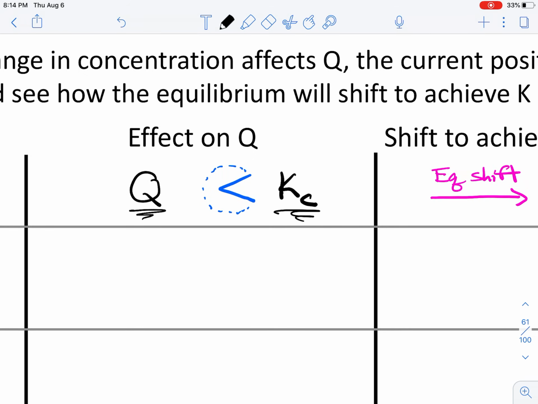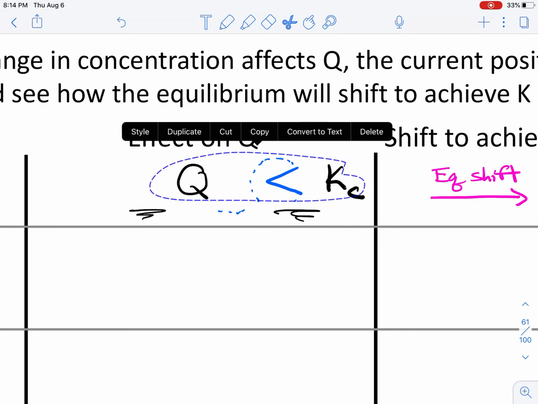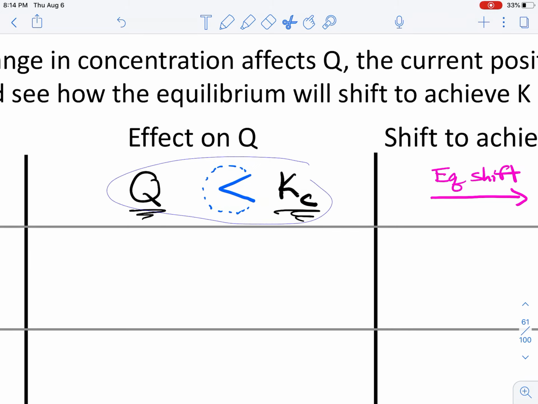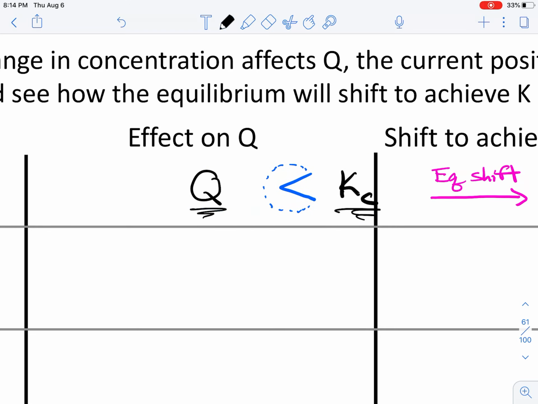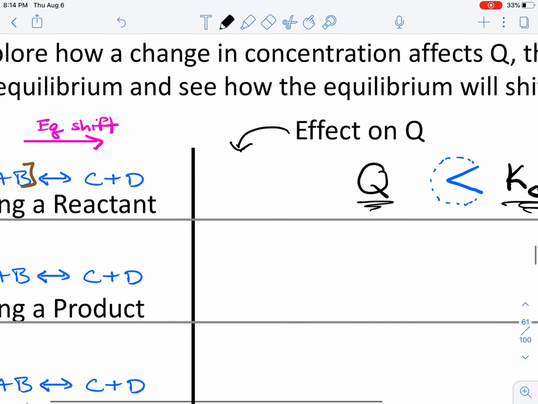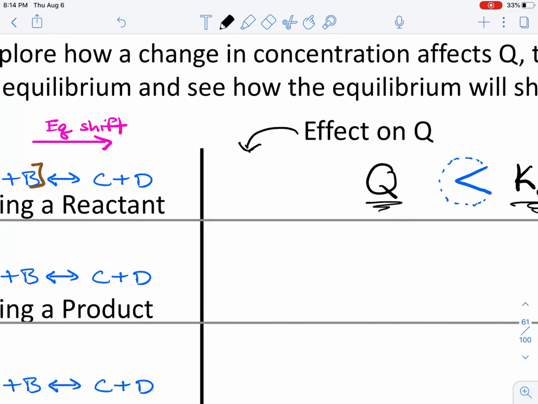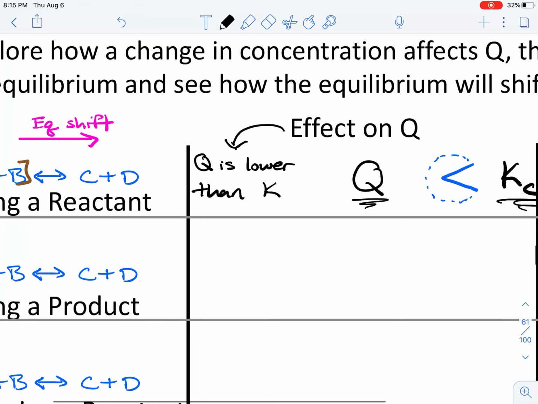Overall, this is telling us that the effect on Q would be a decrease in value of Q. So Q is lower than K, and so the value of Q is decreased.